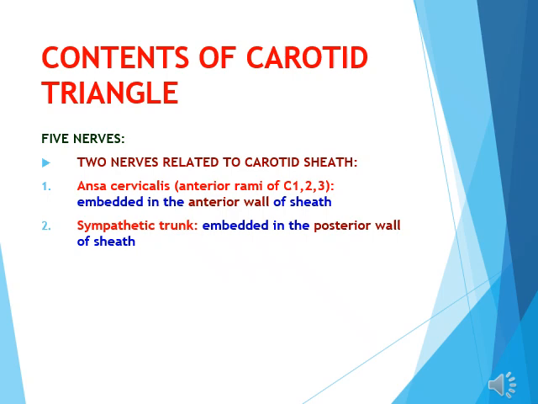Ansa cervicalis, formed by anterior rami of C1, C2 and C3. This motor loop is embedded in the anterior wall of the sheath. It innervates most of the infrahyoid muscles, aiding in swallowing and speech. Then the sympathetic trunk, located in the posterior wall of the sheath. This autonomic chain regulates vasomotor tone, pupil dilatation, and sweat gland activity in the head and neck.